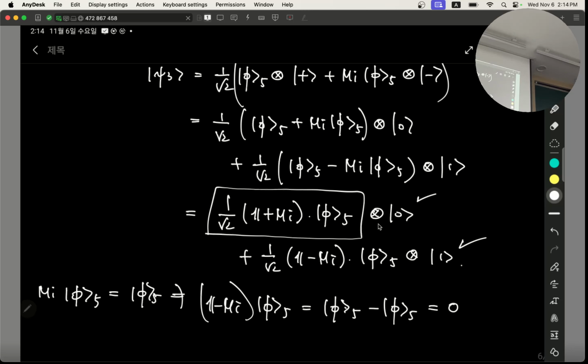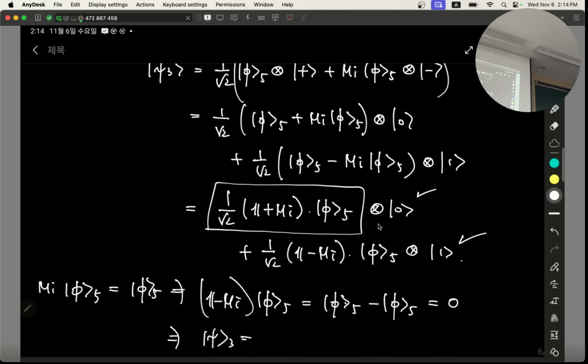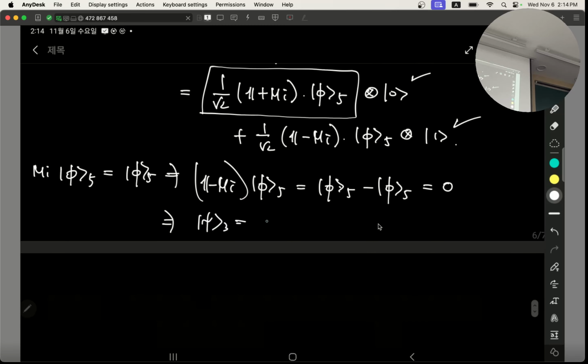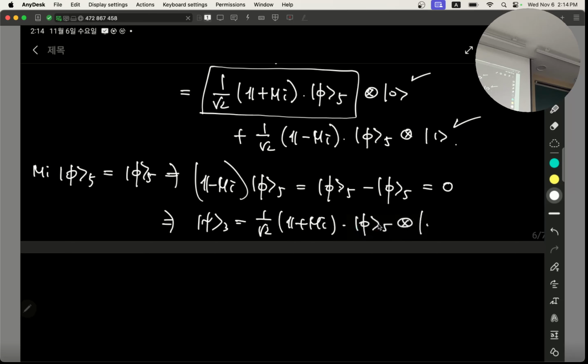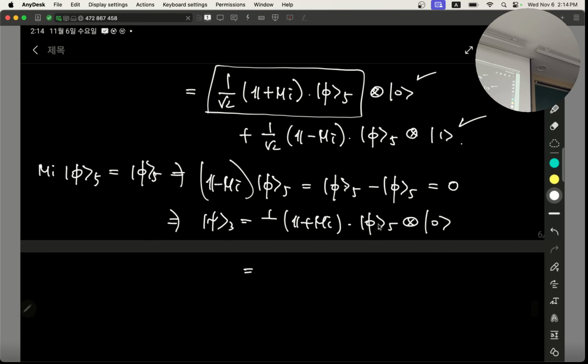So this whole psi3 stage is simply 1 over square root of 2, 1 plus mi, psi5 tensor 0. So actually, there's no... it's a 1 over 2 actually.